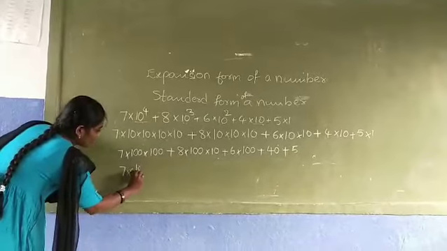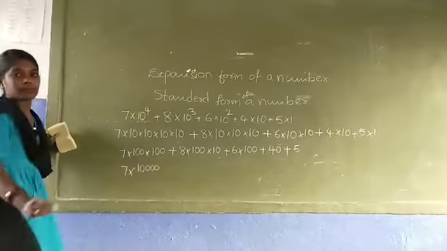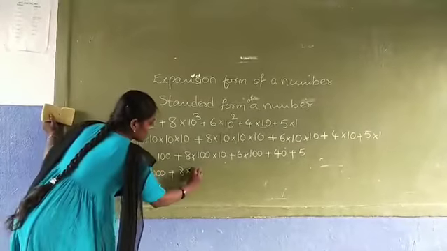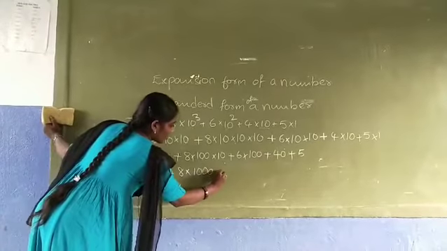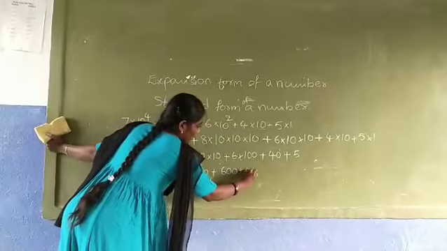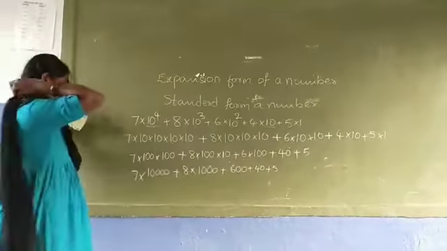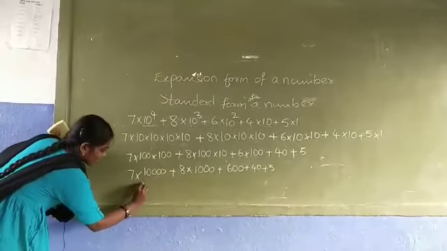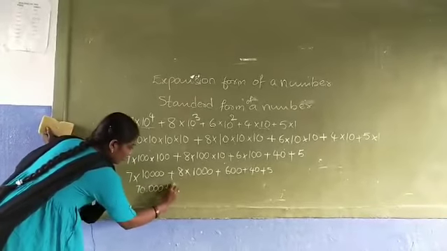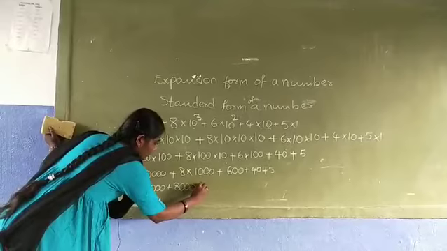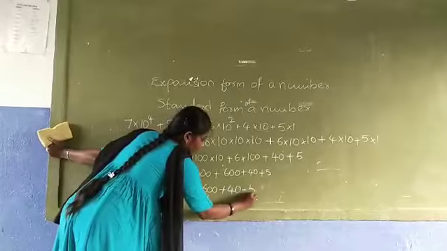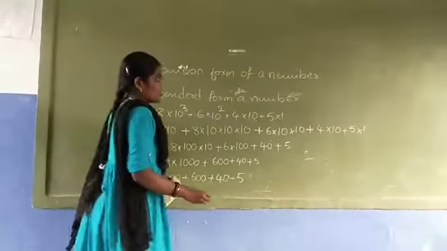100 hundreds are 10,000. 100 hundreds are 10,000, plus 8 into 100 times 10 is 1000, plus 6 into 100, 600, plus 40 plus 5. 7 ten-thousands are 70,000, plus 8 thousands, 8,000, plus 600 plus 40 plus 5. After addition of these numbers we can get the standard form.